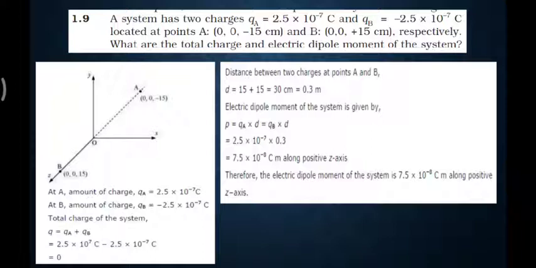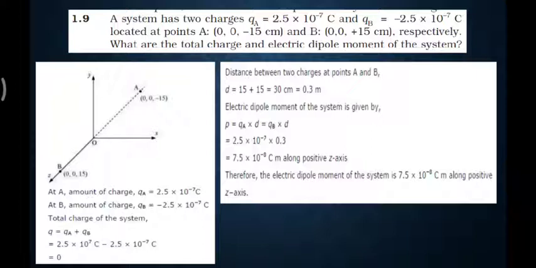Second is the electric dipole. P is equal to Q times D. As you know, that is the charge times D, where D is the distance between them. So 2.5 × 10^-7 is the charge, one of the charges you can take, since both charges are the same.